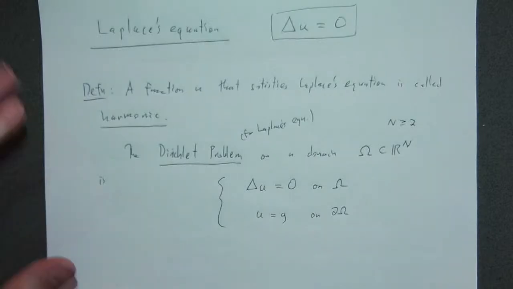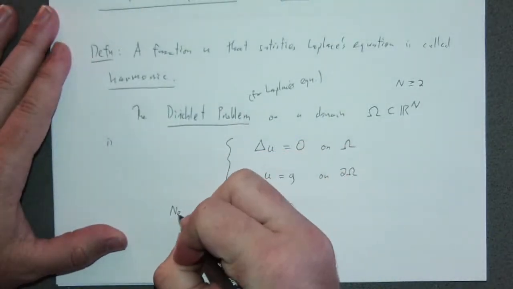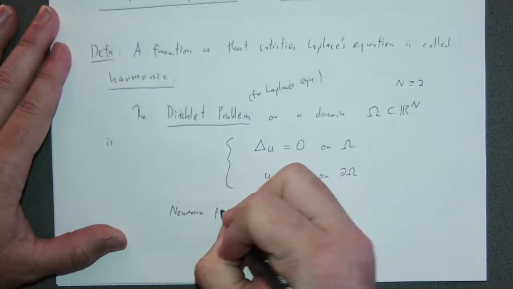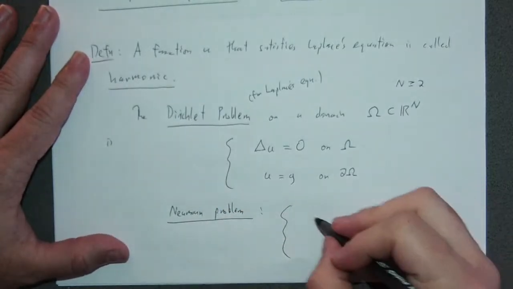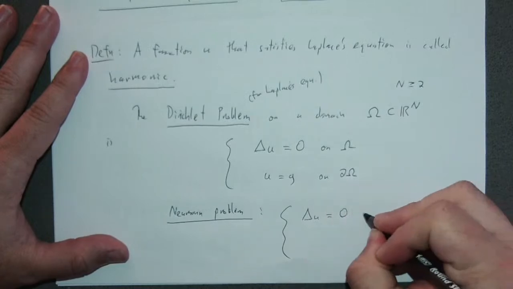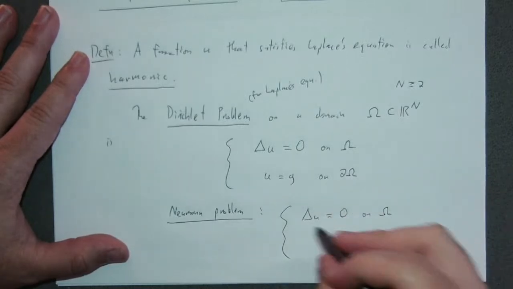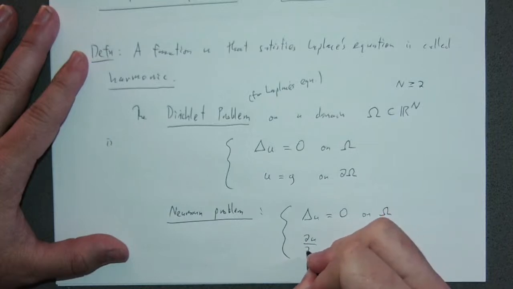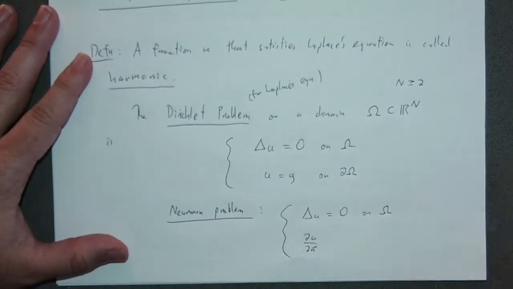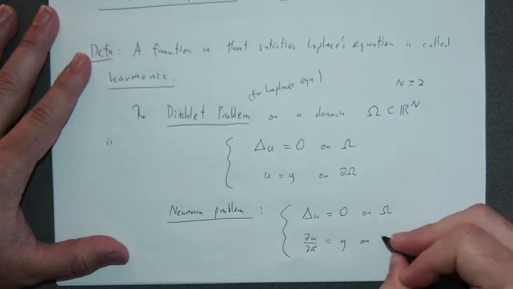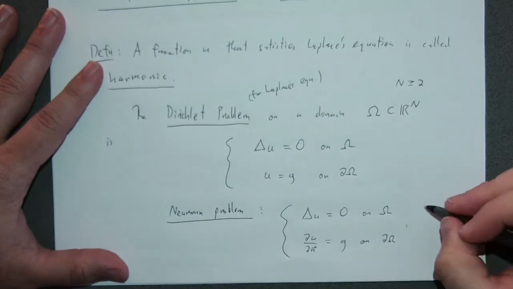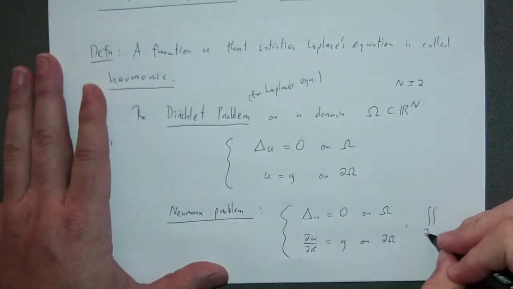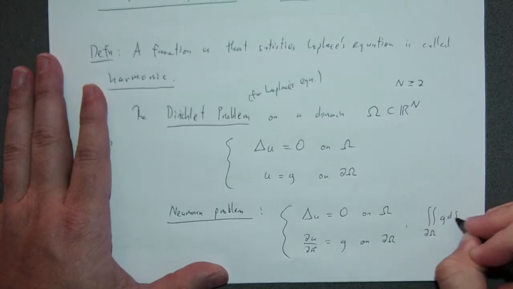Okay. The associated Neumann problem would similarly be: u satisfies Laplace's equation on omega and its normal derivative, right? If n is its outward directed normal, its normal derivative is given by some prescribed function g on the boundary, where this g integrated over the boundary is 0.